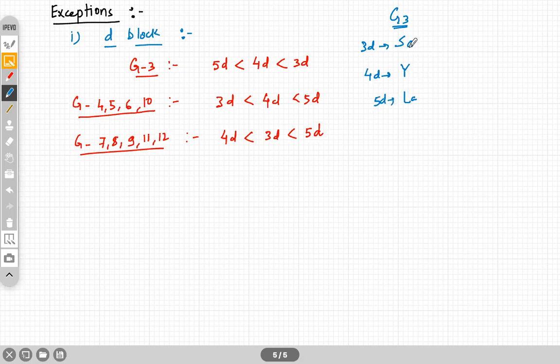If they ask you scandium, yttrium, and lanthanum, then the order of ionization energy: 5d has the minimum, so lanthanum is the least, then yttrium, and then scandium. Okay, copper belongs to which group?